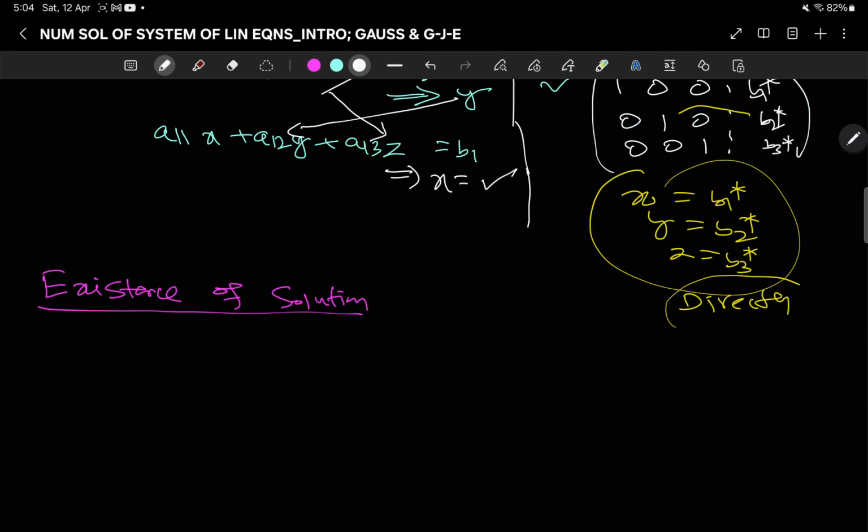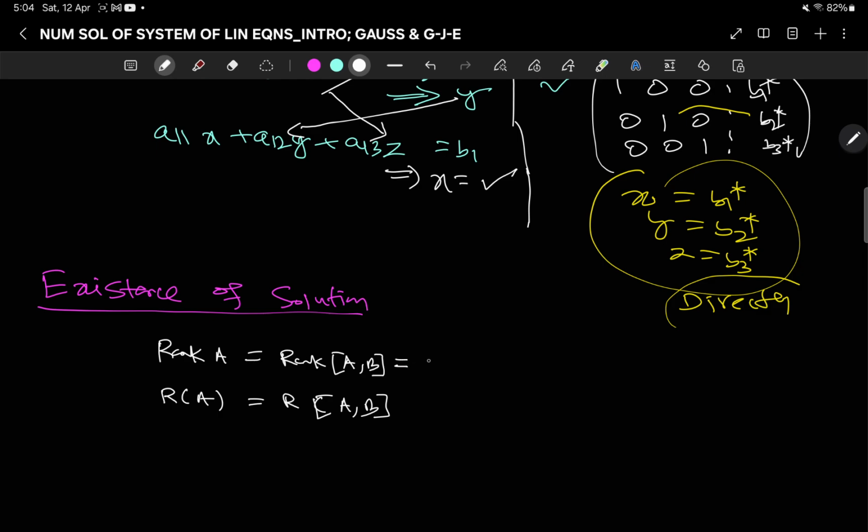So now recalling the existence of the solution, if we are getting rank A is equal to rank AB, in this case the solution is consistent.